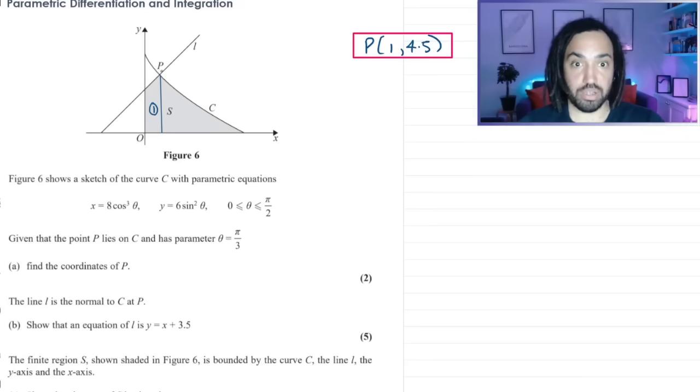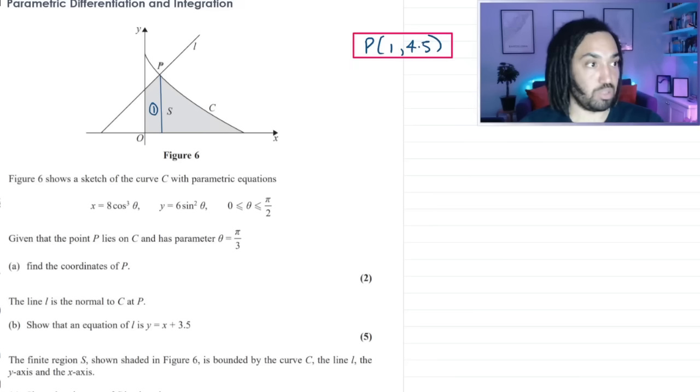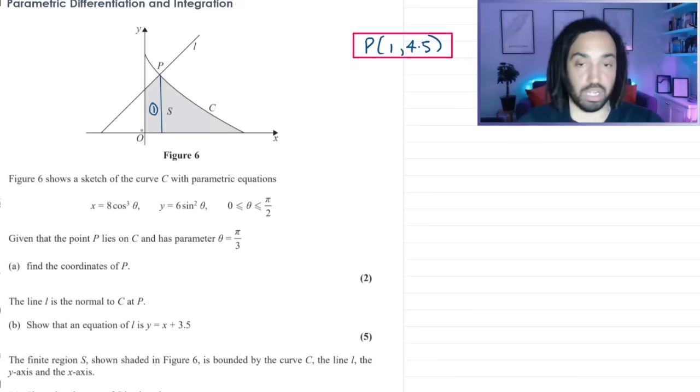And we know that the x-coordinate at p is 1, so this is 1 here. So that means that the gap between the two parallel sides is 1, because it goes from 0 to 1. The two parallel sides are this height here, this distance here, which is going to be the y-intercept of the normal, which we know is 3.5.